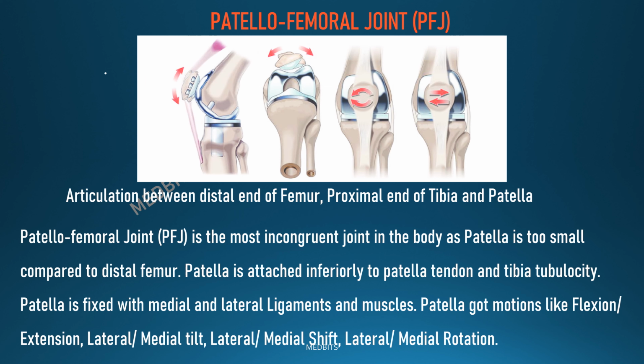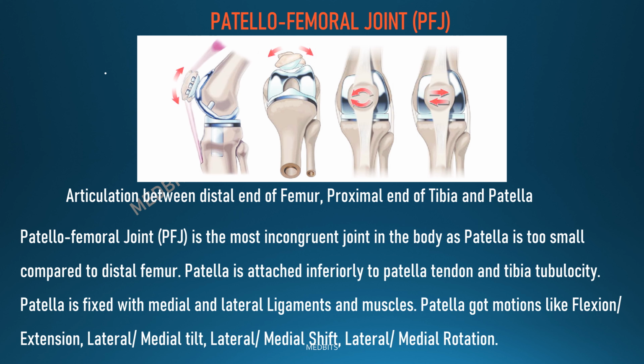Coming to the next topic, patellofemoral joint. The articulation between the patella and the distal end of the femur is the patellofemoral joint. The patellofemoral joint is the most incongruent joint, which means it's not stable. It is the most incongruent joint in the body, as the patella is too small compared to the distal part of the femur.